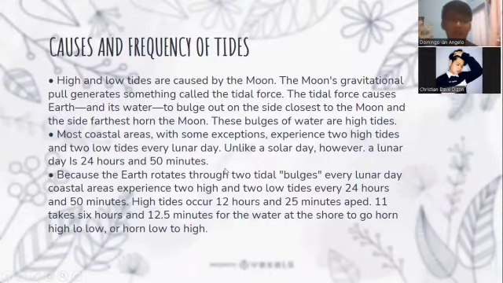Because the Earth rotates through two tidal bulges every lunar day, the coastal area experiences two high and two low tides every 24 hours and 50 minutes. High tides occur 12 hours and 25 minutes apart. It takes 6 hours and 12.5 minutes for the water to go from high to low or from low to high.